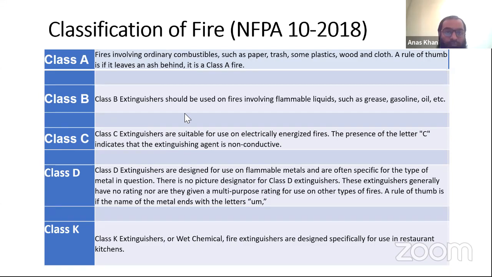Next group. Do you want to share your screen? You can share. Go next group. So who is in the second group?